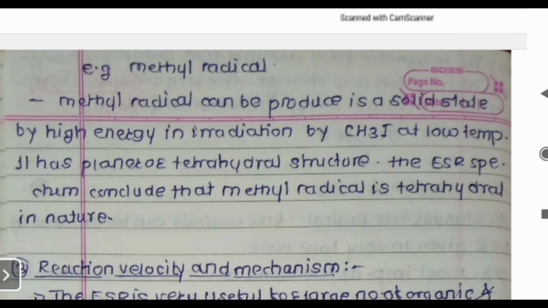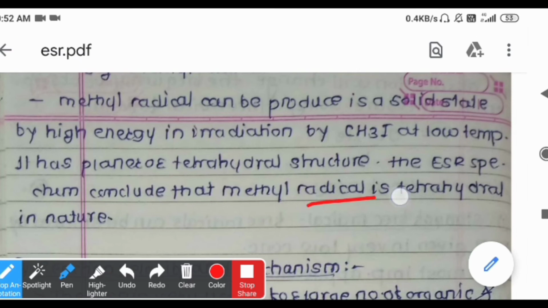The methyl radical can be produced in the solid state by very high energy radiation incident on methyl iodide at low temperature. Does it have a planar or a tetrahedral structure? The ESR spectrum concludes that the methyl radical is tetrahedral in nature. This can be confirmed using this ESR technique.